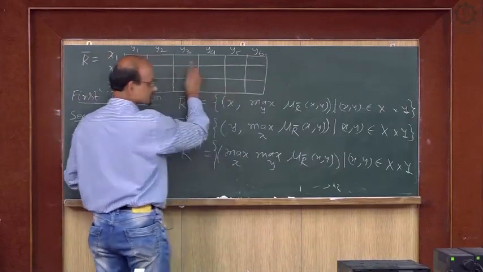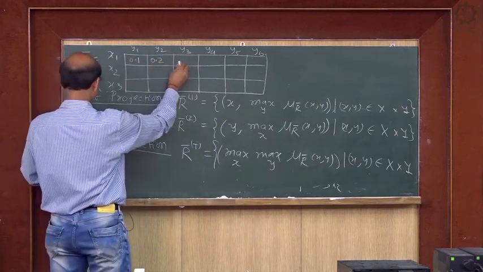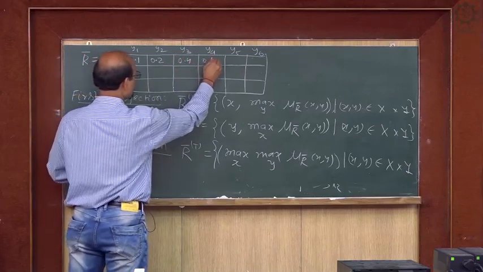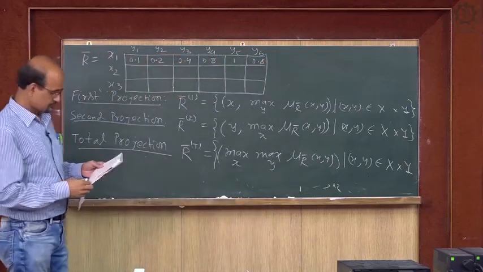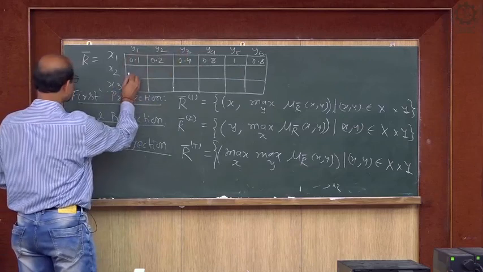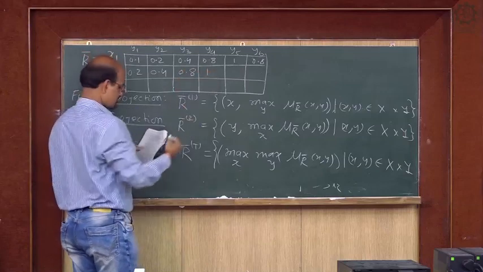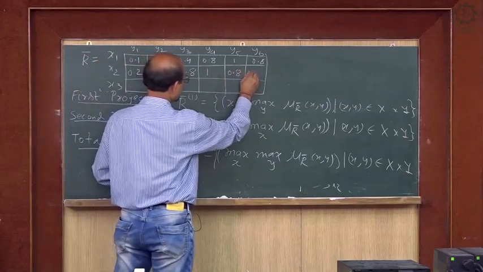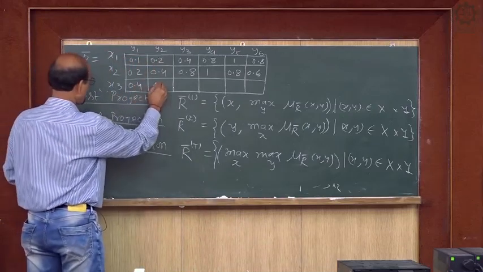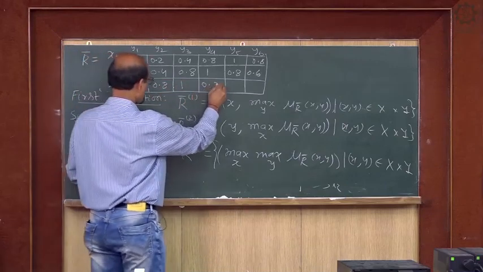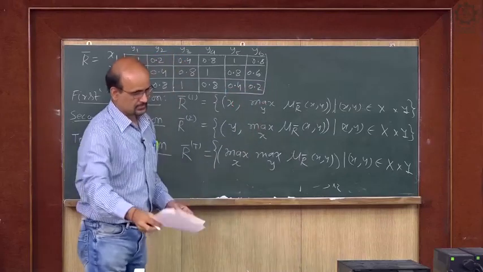These are all membership functions, remember. For x1 they are given as 0.1, 0.2, 0.4, 0.8, 1 and 0.8. For x2 and different y, it is given 0.2, 0.4, 0.8, 1, 0.8, 0.6. For x3, different y, given 0.4, 0.8, 1, 0.8, 0.4, 0.2. So, this is the relation given.